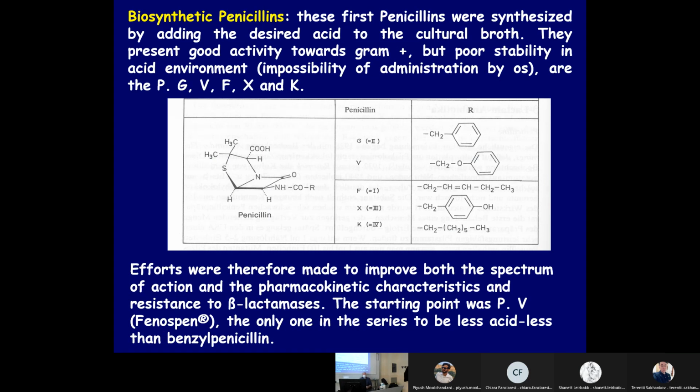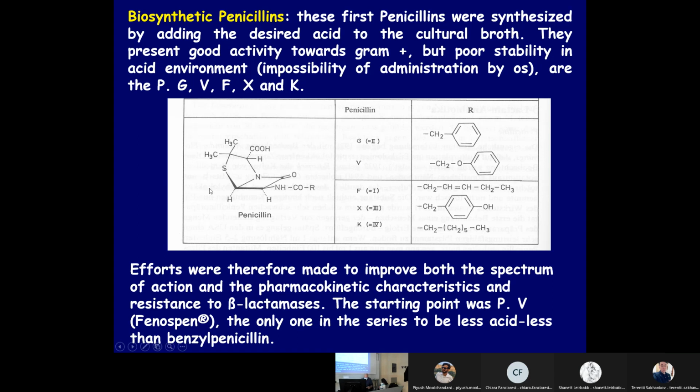Now, I'd like to describe the development of new penicillins during the last years. The first penicillin discovered by Fleming and co-workers was benzyl penicillin.